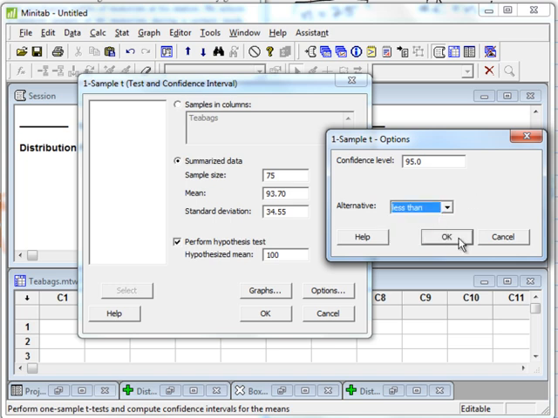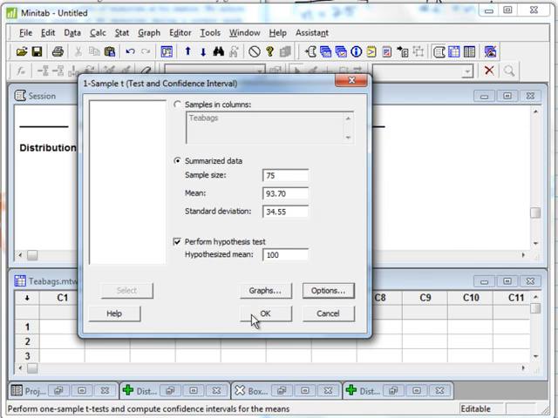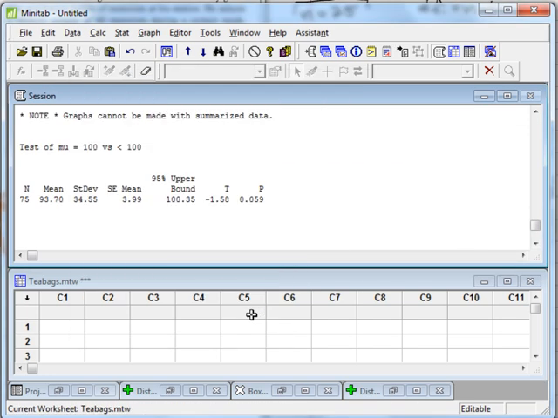Then we hit OK, and OK again. And now we've got the t-value, negative 1.58. We've also got a p-value, 0.059. And in this example, I want to use the p-value to decide whether I reject the null hypothesis or fail to reject the null hypothesis.